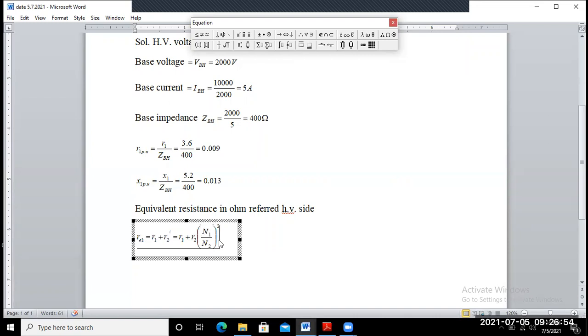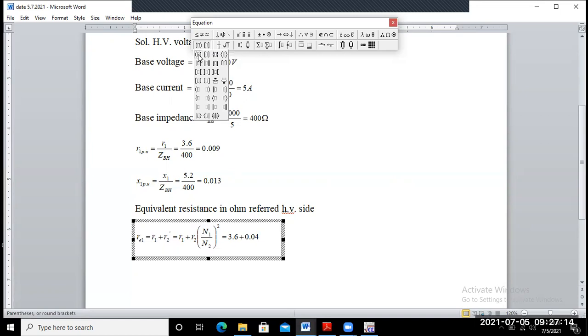So R1 equal to 3.6 plus R2 is 0.04 into 10 whole square, 10 to the power 2.